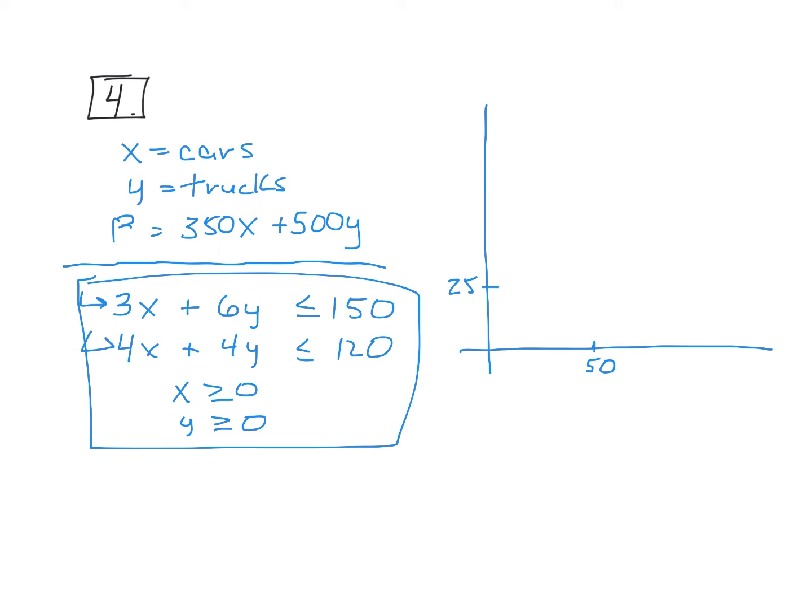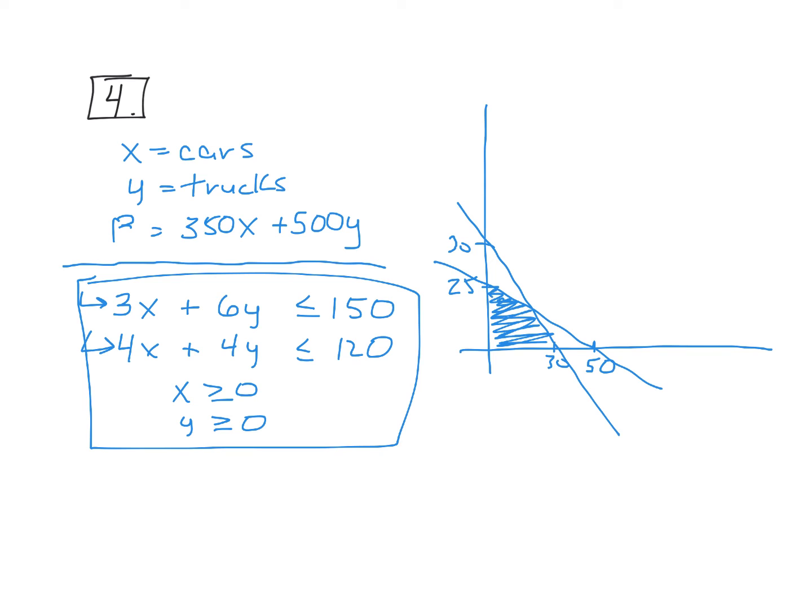And then in the second inequality, both my x-intercept and my y-intercept would be 30. So those are my 2 lines. (0, 0) makes them both true. I'm shading below both of them. So this is our feasible region.